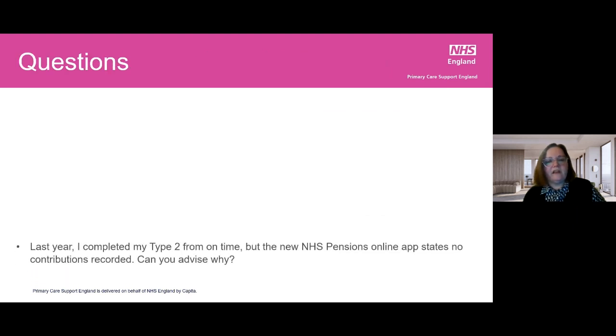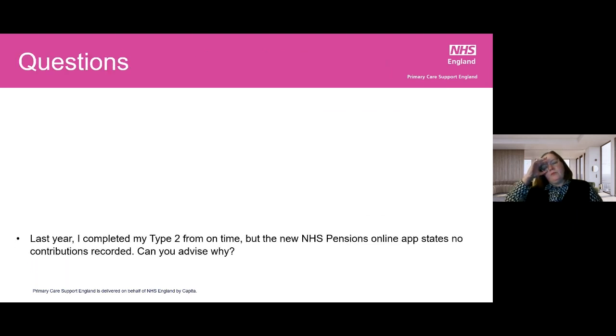Just some other questions that came up from the previous webinars. This one's a bit more at the very end of the process, and we probably haven't touched on it at all this evening yet. The whole objective of getting these Type 2 forms submitted and then fully reconciled is for PCSE to be able to update your NHS pensions record, so pensions online.